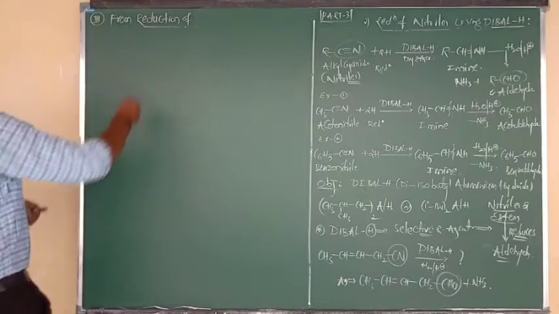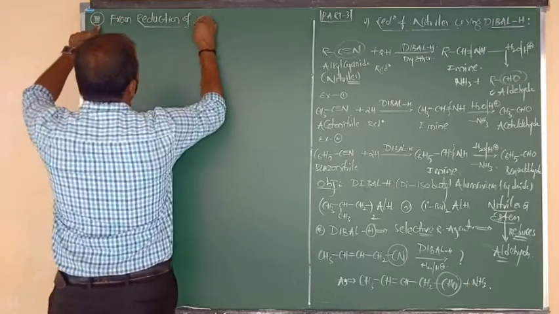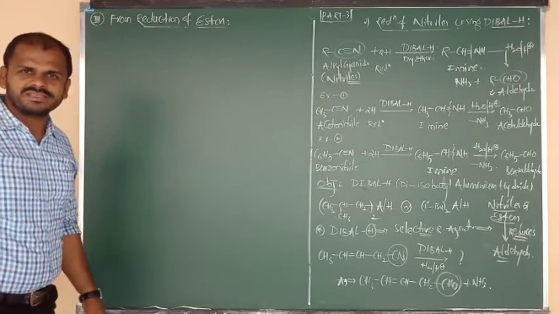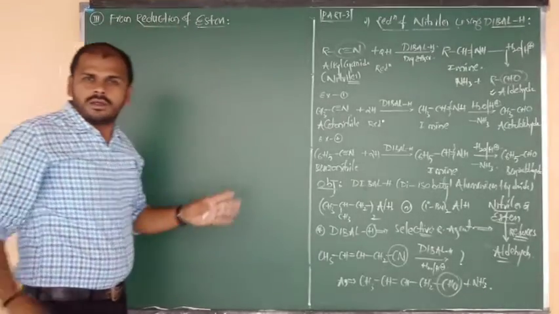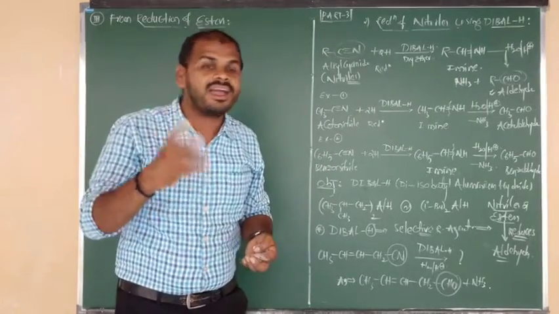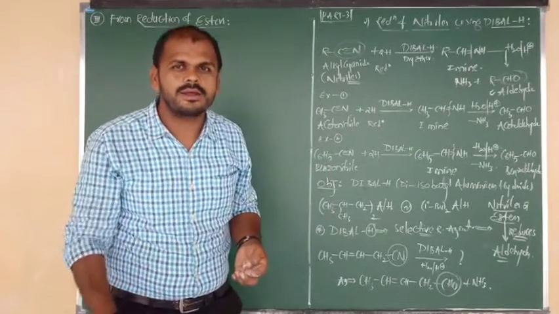So method number 3: from reduction of esters. Esters upon reduction are also responsible for the preparation of aldehydes.